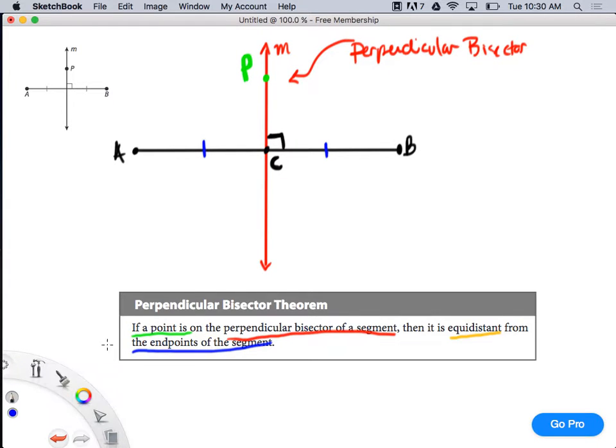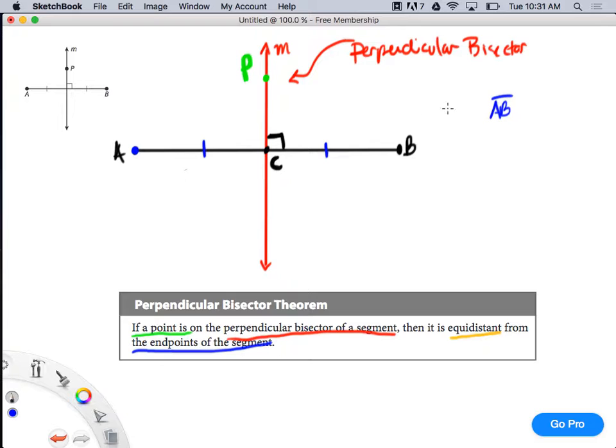So the segment being bisected is segment AB. So what are the endpoints of segment AB? Who can tell me one of them? Rachel, give me one of the endpoints of line segment AB. Endpoints. Yeah. Sometimes questions are so easy that they seem hard.